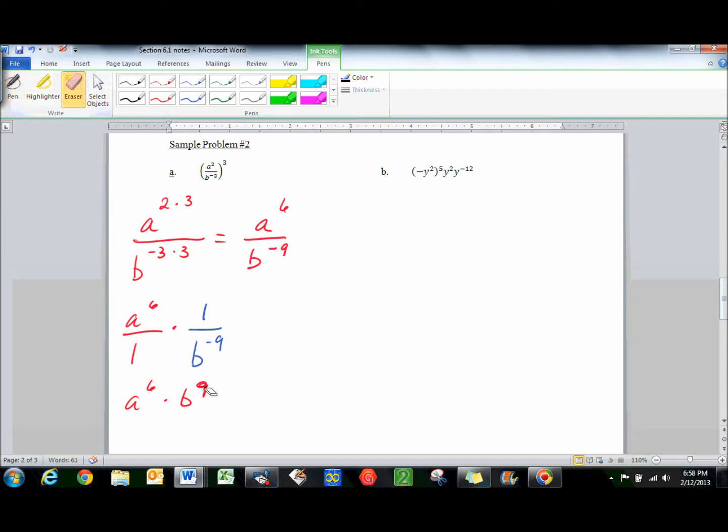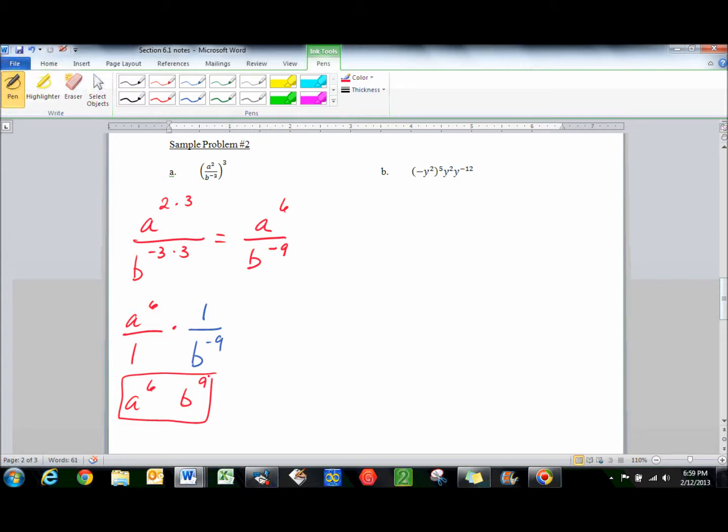I'll try to write that a little bit better. And of course it's unnecessary for us to put the multiplication sign between them, and it's also unnecessary for us to write that over 1, and our final answer is A to the 6th, B to the 9th.